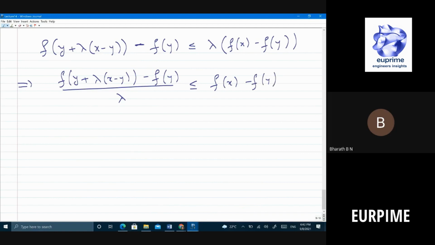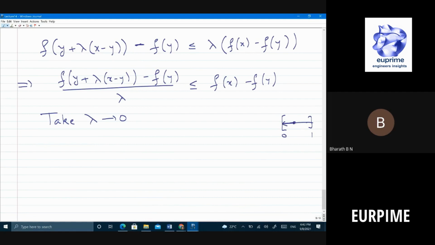Now, take lambda to 0. I can do that, right? So it's any lambda between 0 and 1. So I'm going to take lambda to 0 from the right. Of course, I'll ensure that my lambda is between 0 and 1. I'll take such a sequence.